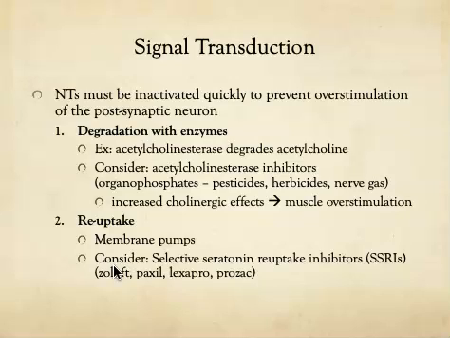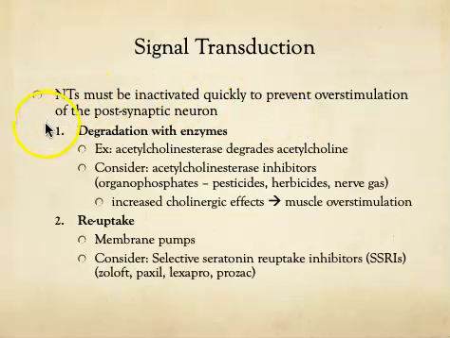So a cell wants to control how long it allows a neurotransmitter to act on the postsynaptic membrane. It has a vested interest in controlling the neurotransmitter because it doesn't want it to overstimulate that postsynaptic cell, especially if it's a postsynaptic neuron.